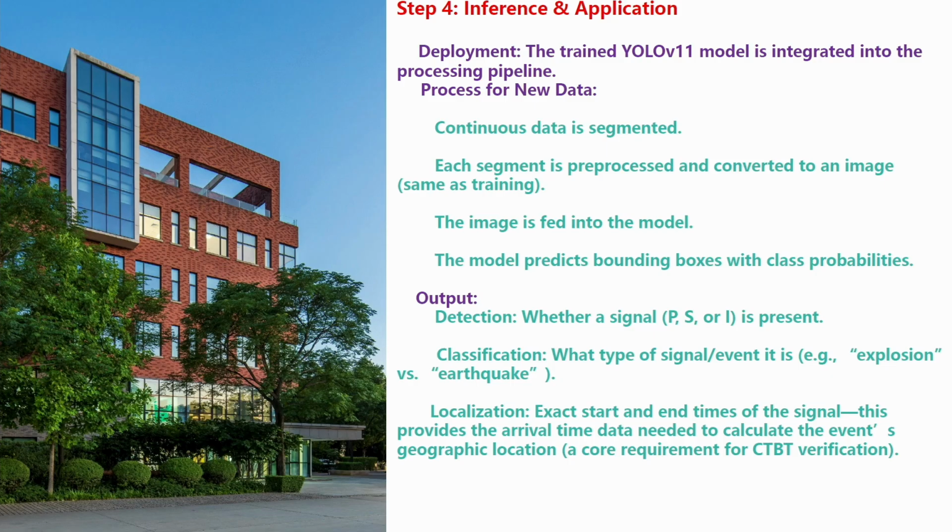And the output of the model has 3 pieces of important information. One is detection, whether a signal or an event is present. 2, classification, what type of signal or event it is. 3, localization, exact start and end time of the signal.